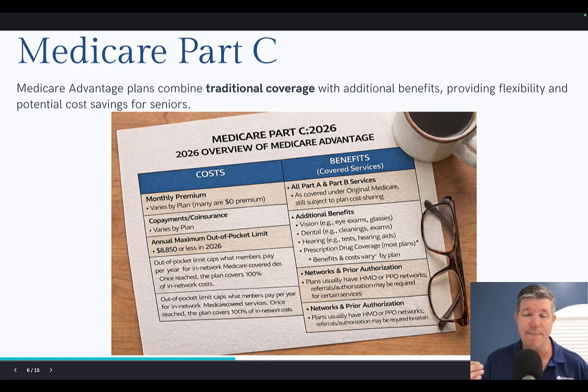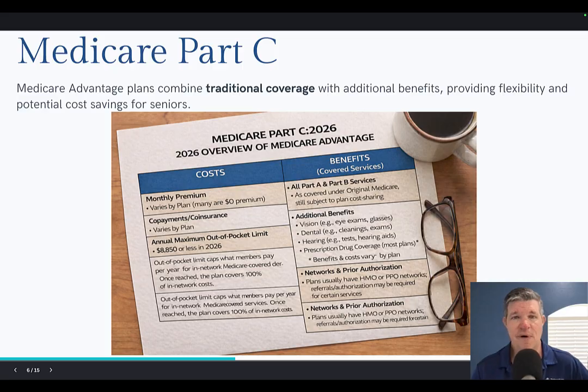So your monthly premium may very well be zero. Now, you still have to pay that Medicare Part B premium, which this year in 2026 is $202.90 for most people. Once you pay that, this is more of a pay-as-you-go type plan. When you go to the doctor, that's where you'll pay when you use the services. It's copays, deductibles, coinsurance.